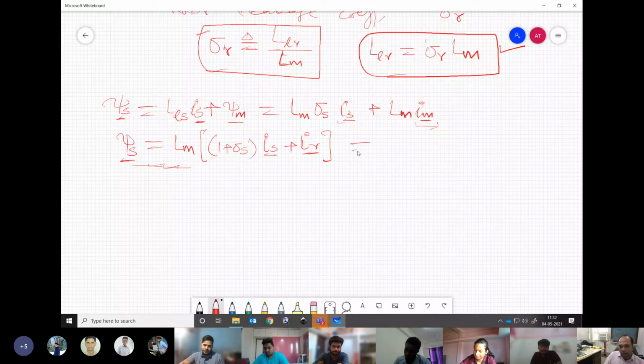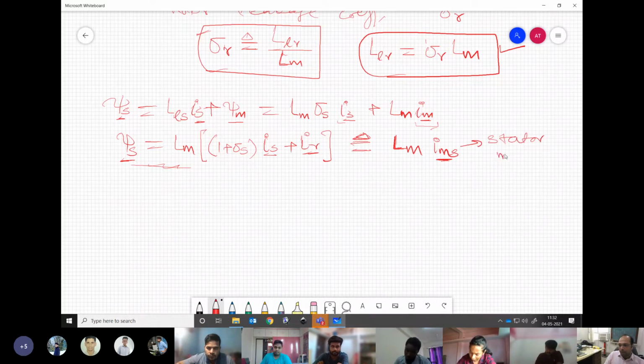Now here I take the liberty to define another term, which I call stator magnetizing current, IMS. Stator magnetizing current means what? It is the current which is responsible for the complete stator flux and which is getting multiplied with LM. Now you make note of that. So IMS is my stator magnetizing current.